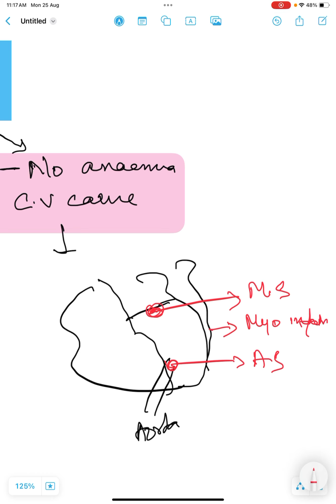There may be acute left ventricular failure and acute myocardial infarctions. Yes, MI can be there. This is all about heart causes.